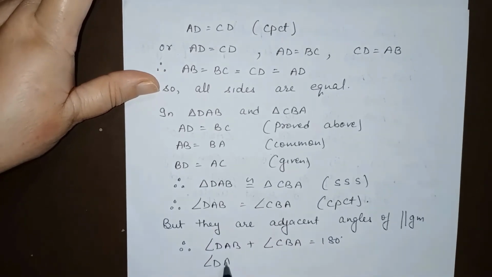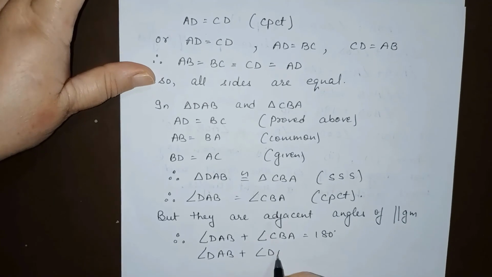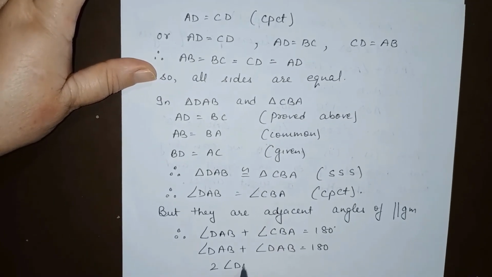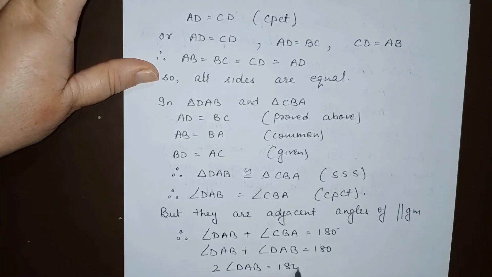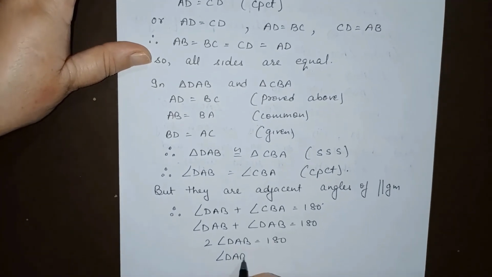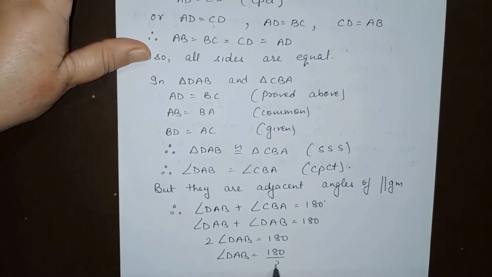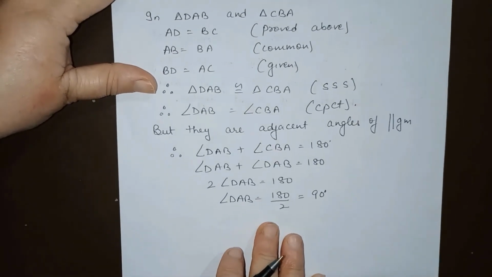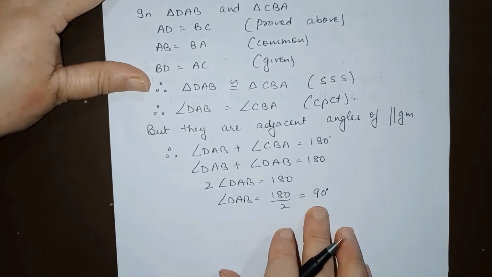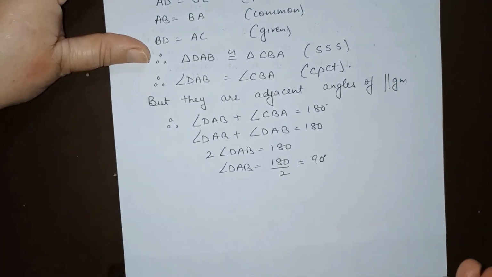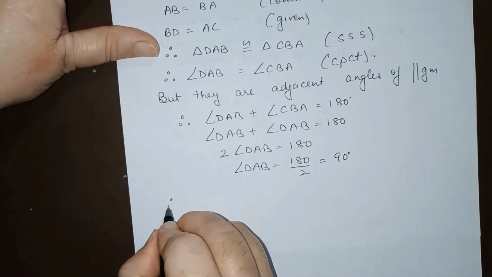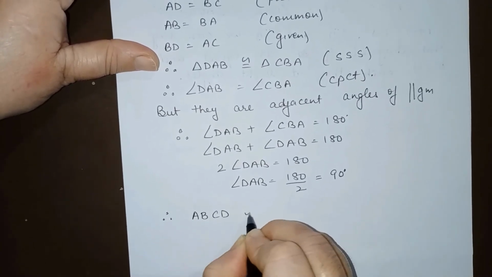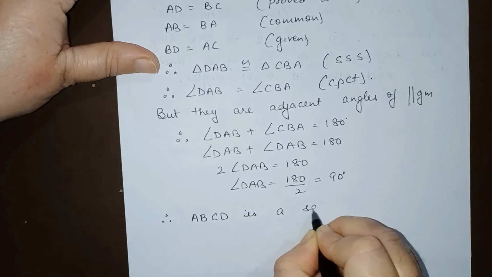So, DAB plus DAB is equal to 180 degree. Twice of DAB is equal to 180 degree. So, DAB is 180 by 2, that is 90 degree. So, if we have proved that one angle is 90 degree, all angles will automatically be equal to 90 degree. So, therefore, ABCD is a square, right?